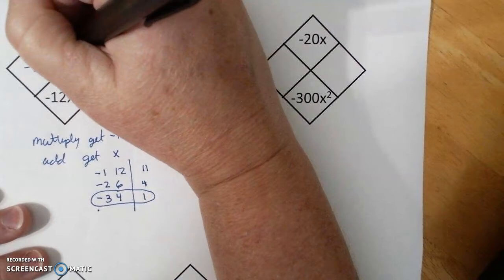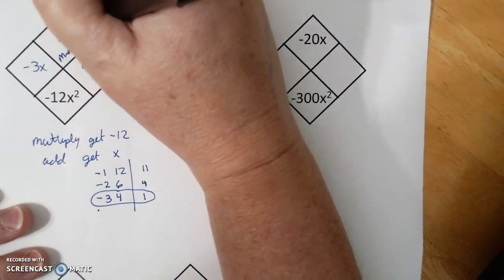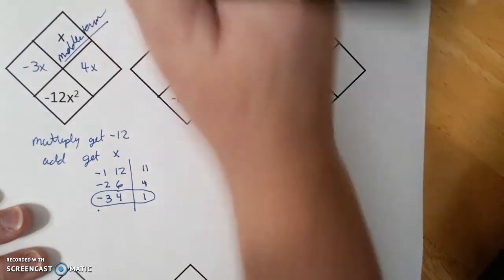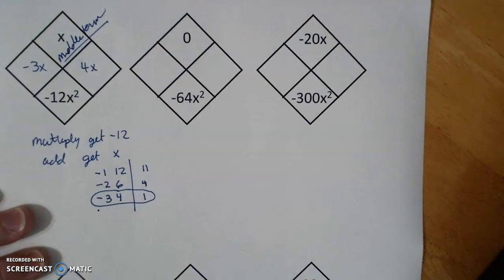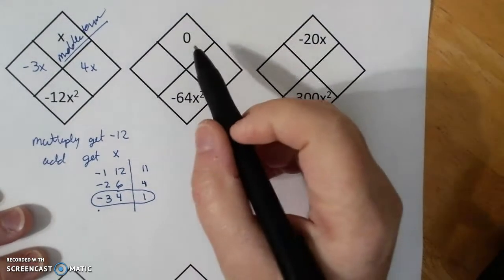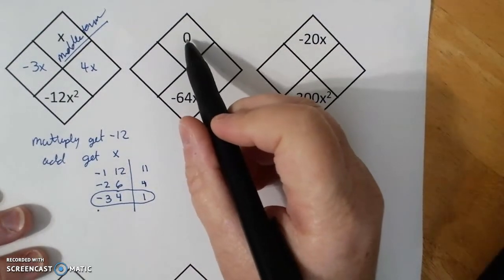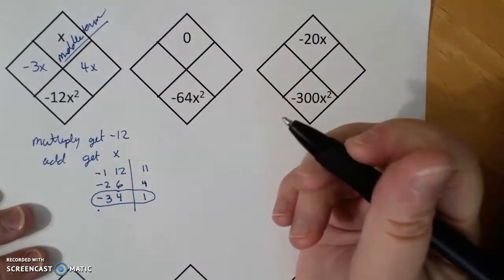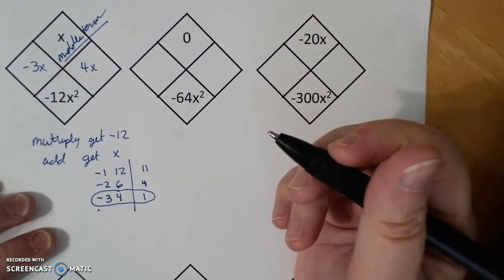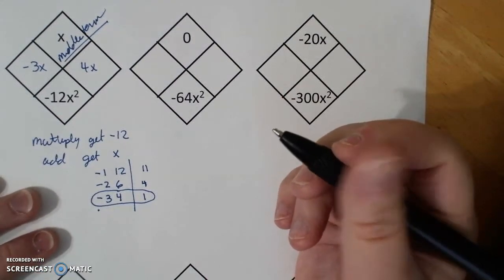This is actually your middle term. This is how we find our middle term. Whenever we don't have a middle term, your answers are going to be the same.